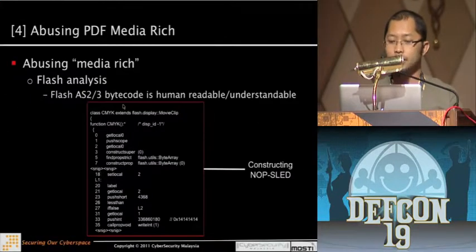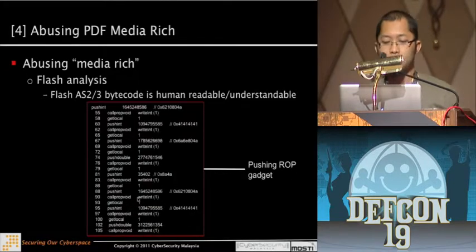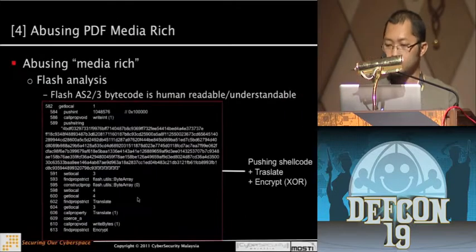And if you cannot do decompiling, you can always do some bytecode analysis here. For example, this one is pretty much trying to construct the NOP slack for the shellcode. You can see over here that it pushes some stuff, push integer, and there are a couple of loops over here to assign the array. And this is another one pushing some ROP gadgets on top of the shellcode. And then pretty much here you can also put some shellcode and try to translate it and encrypt it.